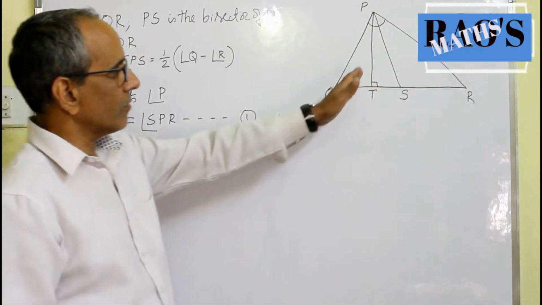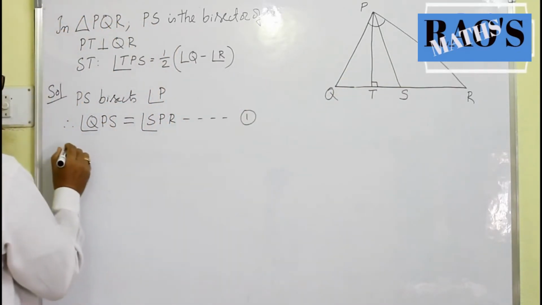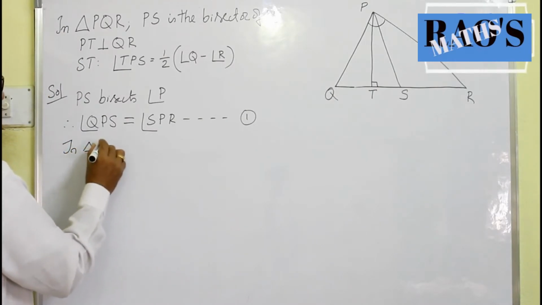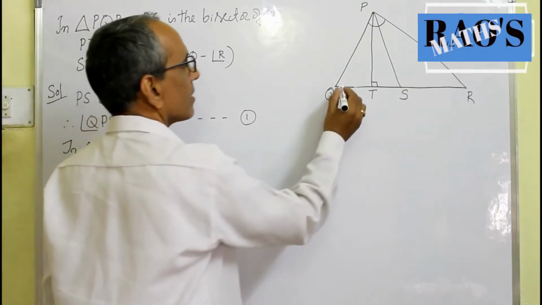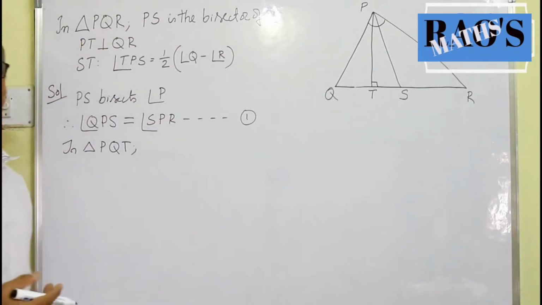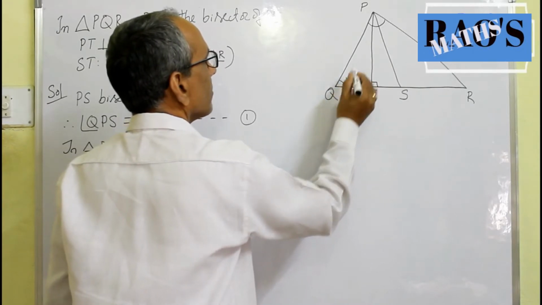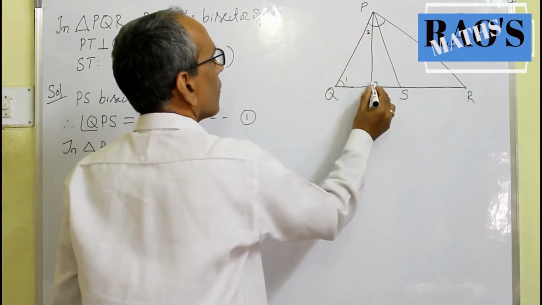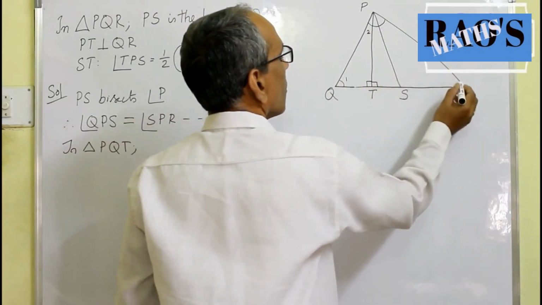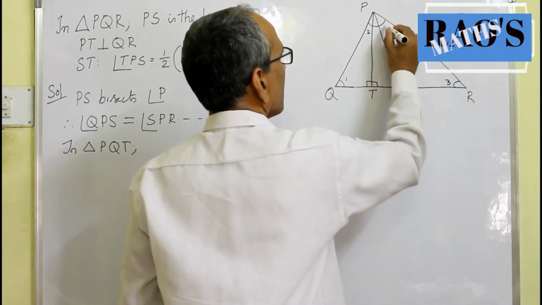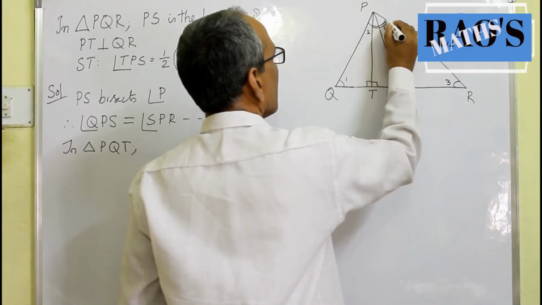Next, we take the first right angle triangle and the second right angle triangle. In triangle PQT, let me mark the numbers for our convenience, instead of calling the angles by three letters, it is very simple. 1, 2, of course this is also a right angle, and in this triangle 3, 4, of course the whole is 4.